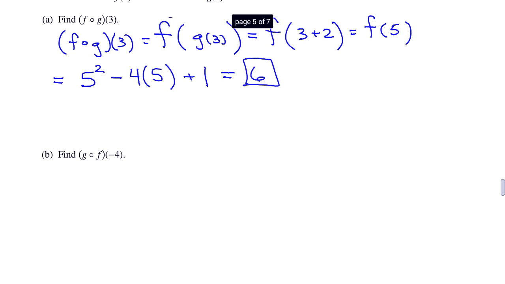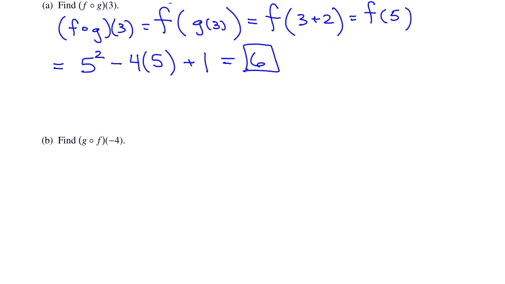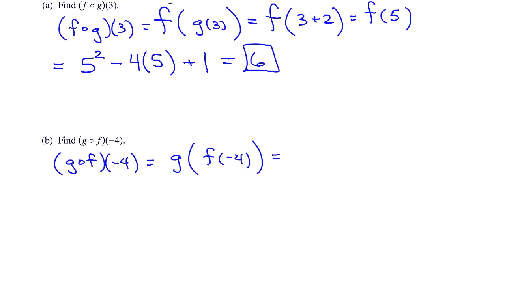Let's try part b, g composed with f, evaluated at negative 4. So that would be g of f of negative 4. We're using the same two functions as before. So I need to compute what f of negative 4 is.